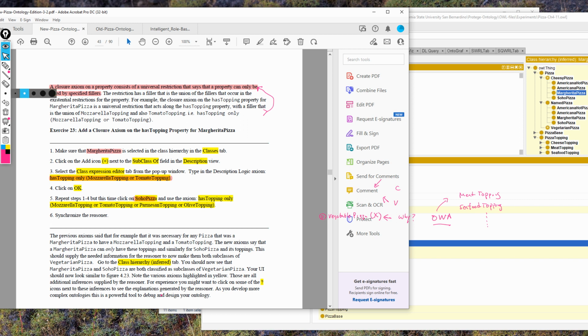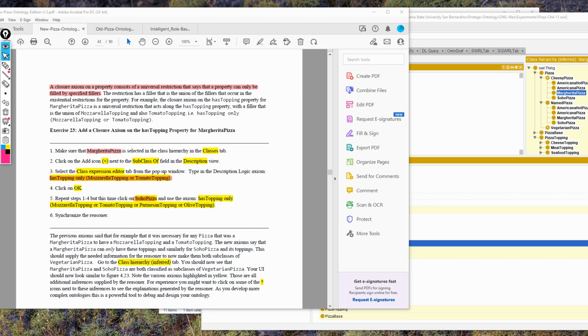It's universal restrictions, right? And then it says that the property can only be filled by specific fillers, which in our case is vegetable topping and what? Or the cheese topping.